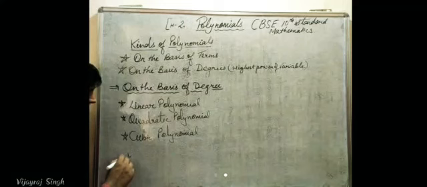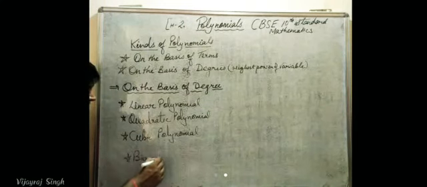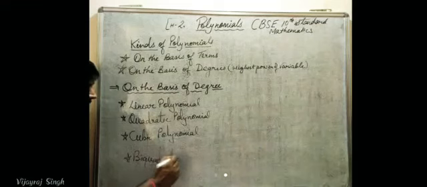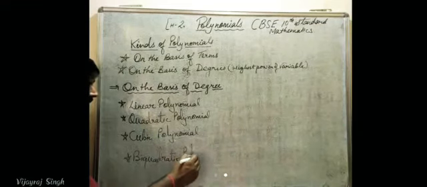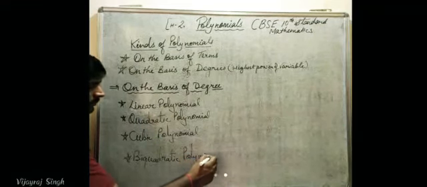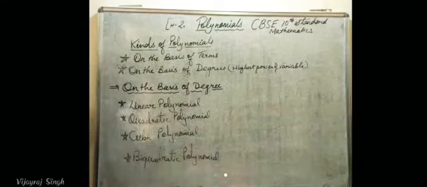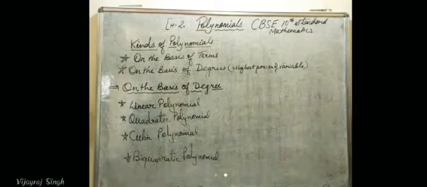Fourth is biquadratic polynomial. Just see once again, there are some names: linear polynomials, quadratic polynomials, cubic polynomials and biquadratic polynomials.